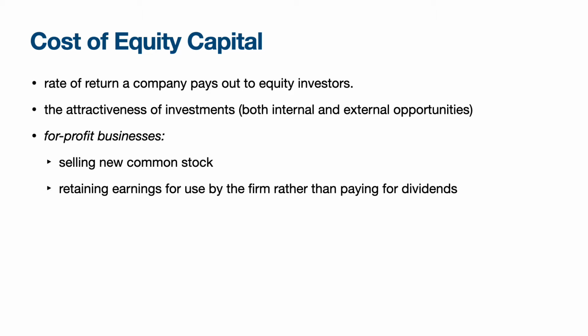Investor-owned businesses or for-profit businesses raise equity capital by selling new common stock and by retaining earnings for use by the company, like buying new assets, rather than paying them out as dividends to shareholders.